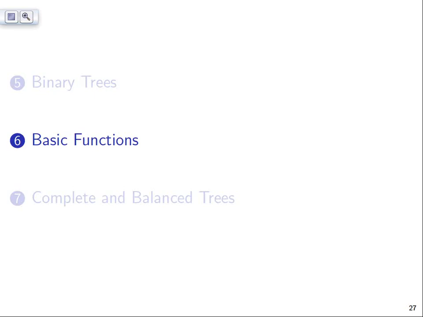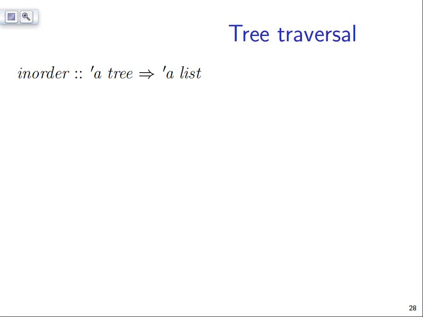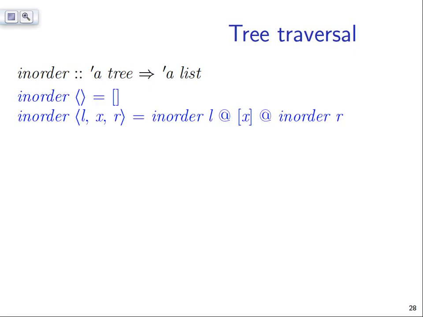So, basic functions, we had also looked at some of them already, so I will just go through them quite briefly. There are the traversal functions that turn a tree into a list, and in particular the in-order traversal, where the element at the root of the tree is in the middle of the list, and you have the elements left and right at both ends of the list.